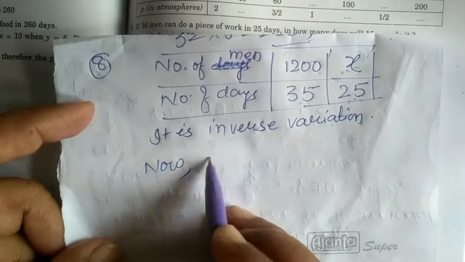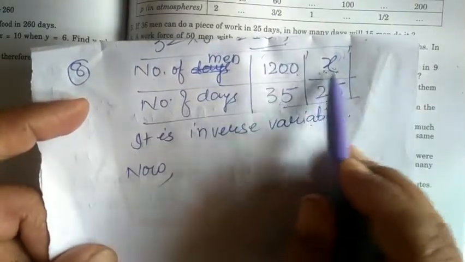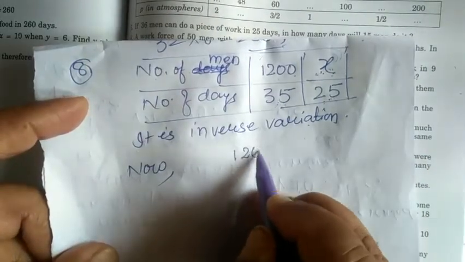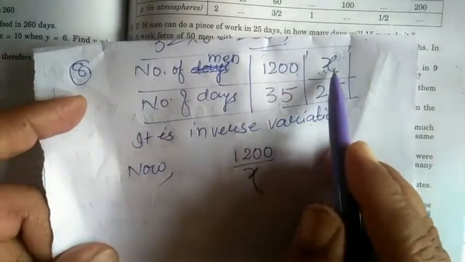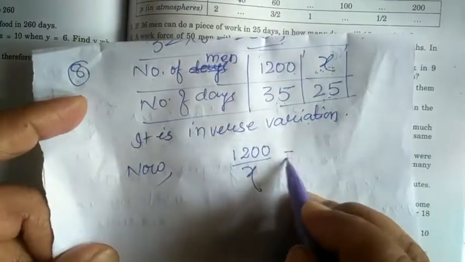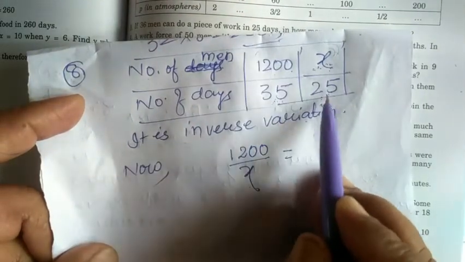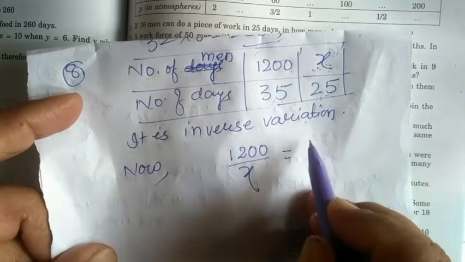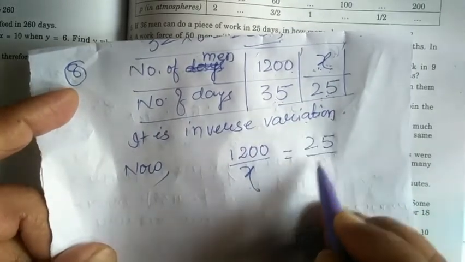See here, how can we take the ratio? Now we have to take the ratio of the first values. Here, 1200 divided by x, that is 1200 ratio x. If we have taken this value in the first ratio, then in the second ratio we have to take this value first, correct? 25 by 35.